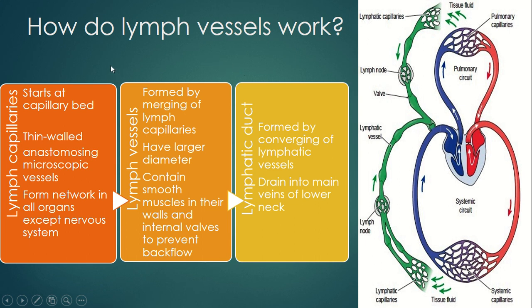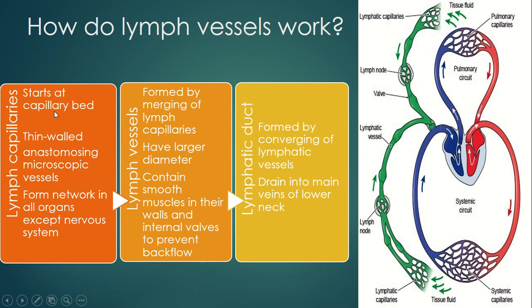The lymph capillaries are the finest of all the vessels, and they appear in the form of a bed that is deeply infused into the tissues. So the lymphatic system is thought to start with the capillary bed of the lymphatic capillaries, or you may say lymph capillaries.